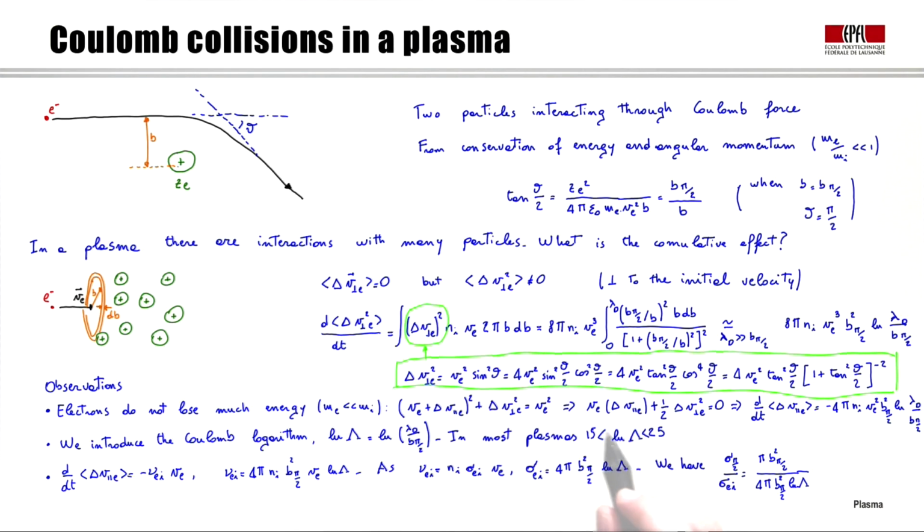Coulomb logarithm is of the order of 20 times 4. This will be of the order of 10 to the minus 2. It's much, much smaller than 1. Conclusion? Small angle collisions play a dominant role with respect to the large deflections in a plasma, as this ratio is much smaller than 1. And this is consistent with what we have done earlier when we neglected delta V parallel squared.